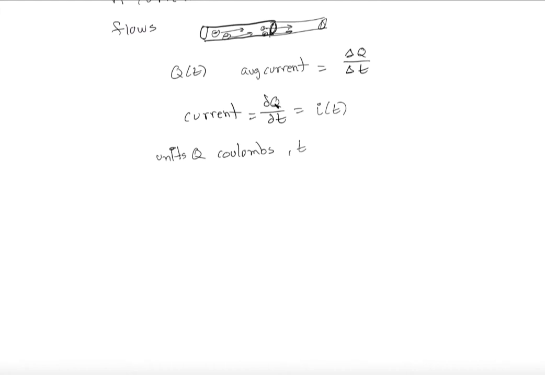So dq/dt has units of coulombs per second, and we call that amperes, or what you typically would hear of as amps.